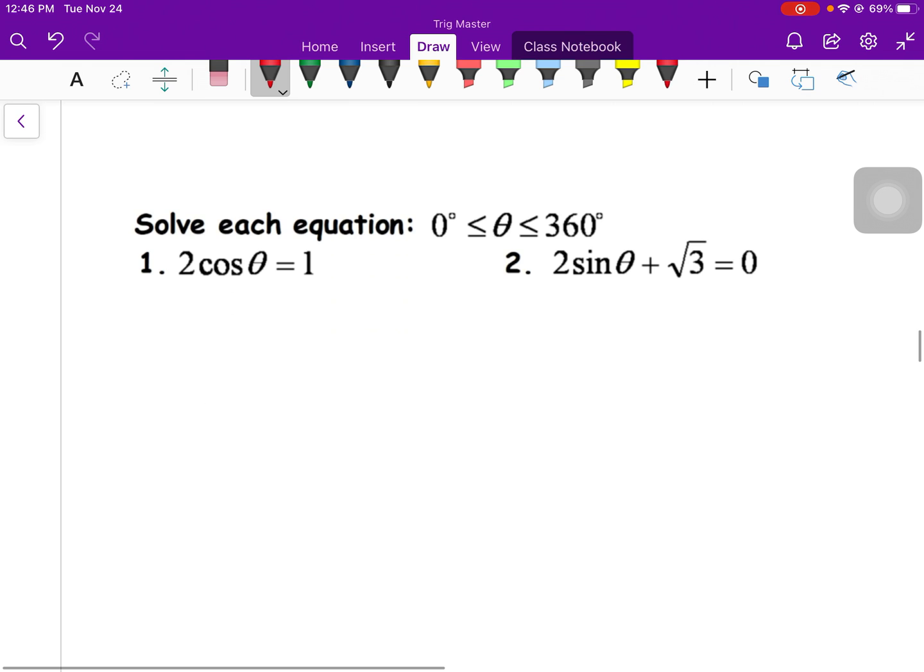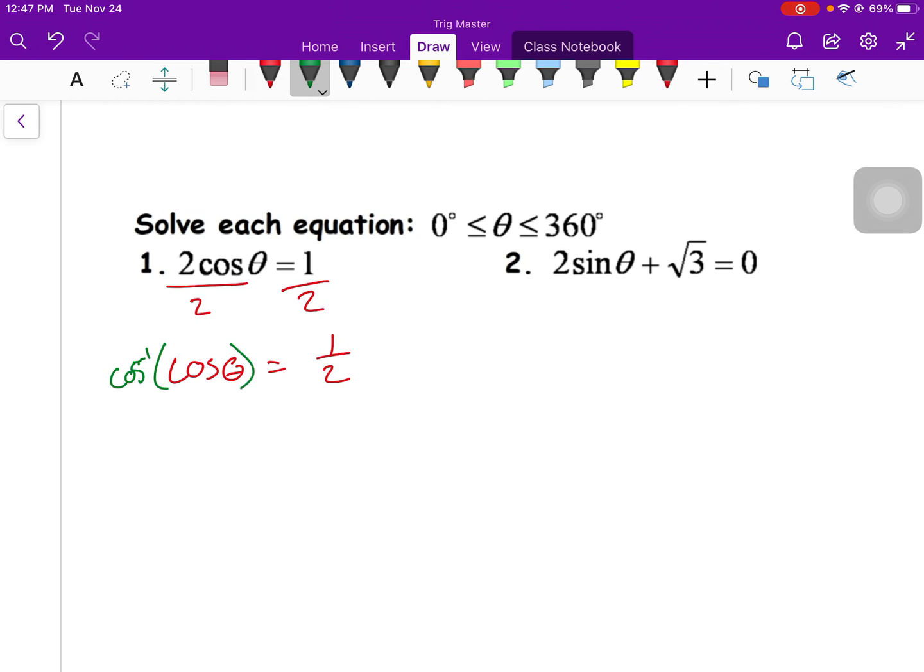Okay, same thing here. We've got a restriction on theta. So if I want to figure out what theta is, I first need to divide both sides by 2 to get cosine of theta equals 1/2. Then we take cosine inverse of both sides. That leaves theta equals cosine inverse of 1/2.